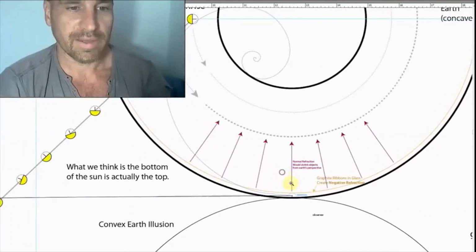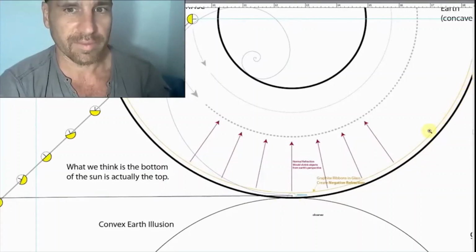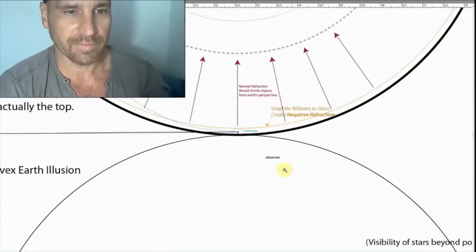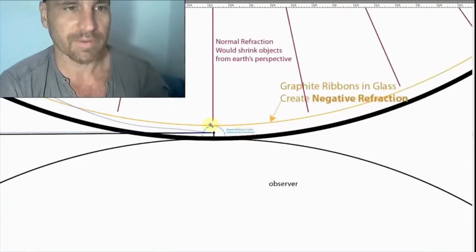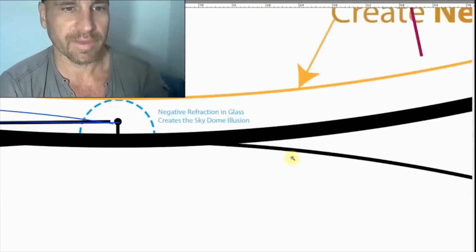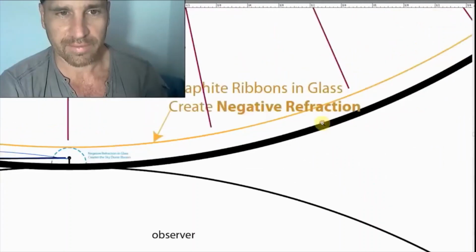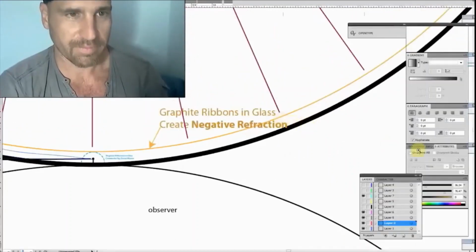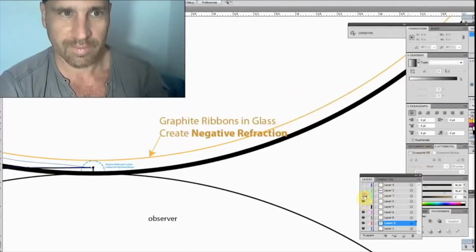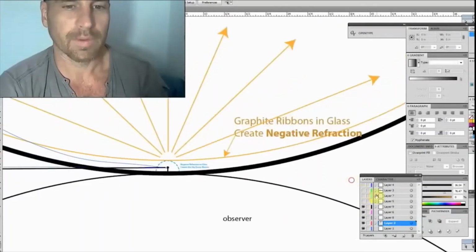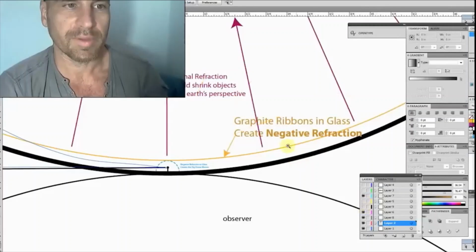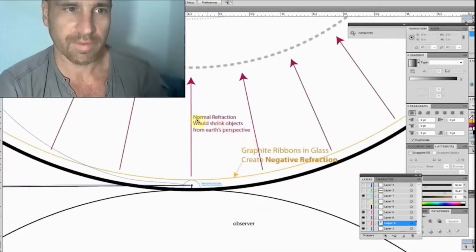Here is the concave Earth, and you're standing on the inside surface. This thick black line is the surface of the Earth. If I zoom in real close here, I've got an observer here, and this yellow line is the glass sky. Now, let me get the right layer here for you. Now normally, these purple arrows are a normal refraction.